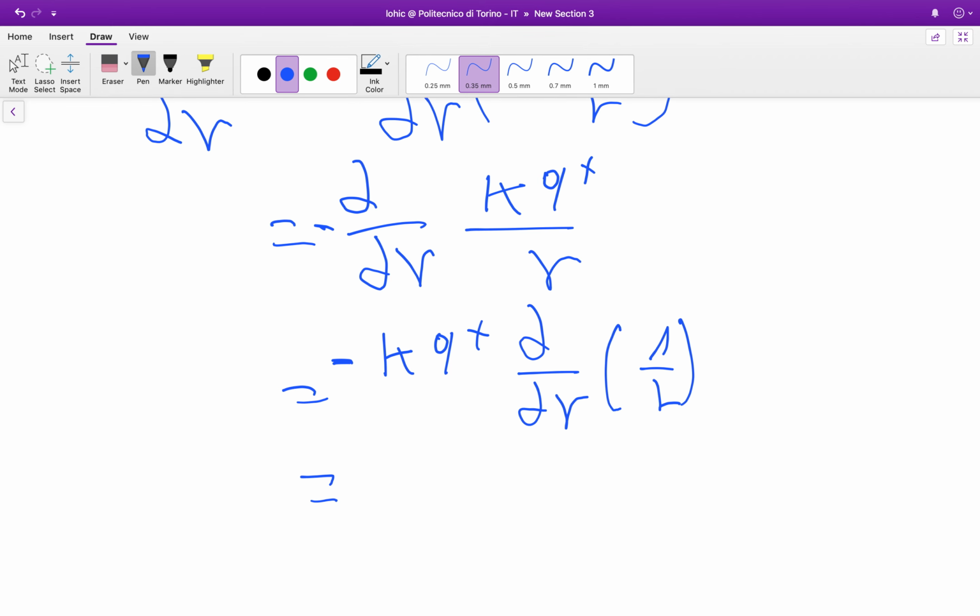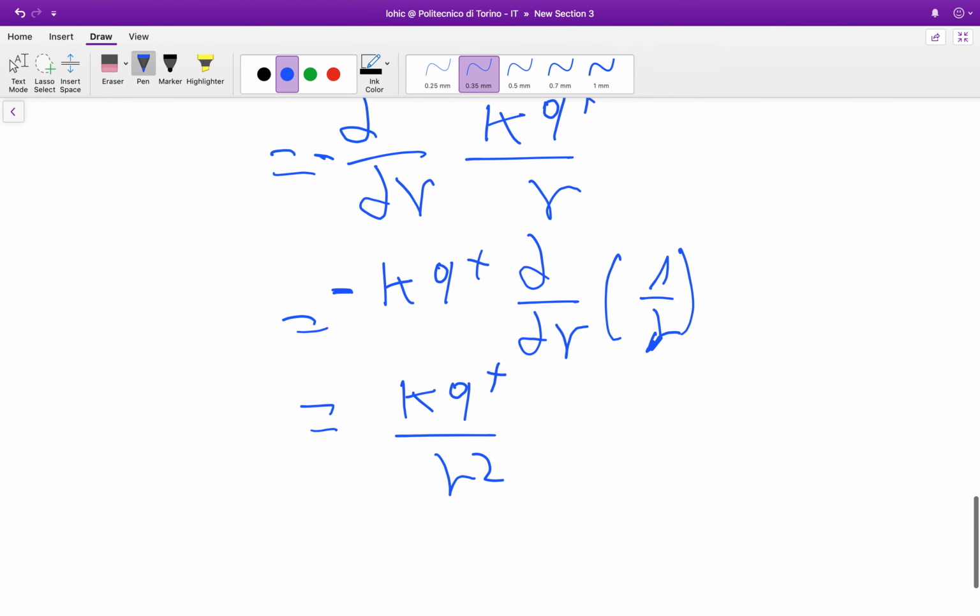Now you know the derivative with respect to R of 1 over R is minus 1 over R squared. So we get at the end that it is K times Q plus divided by R squared. Yes or not?